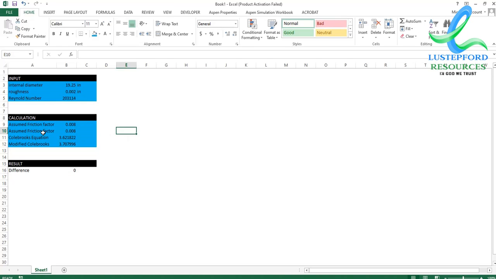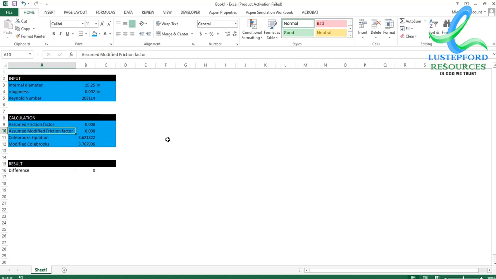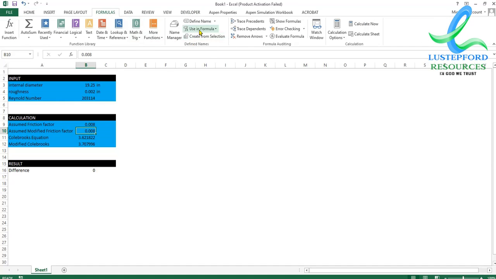So now let me say assumed modified friction factor. So this is it for this one. So what I will do now is to edit my values.